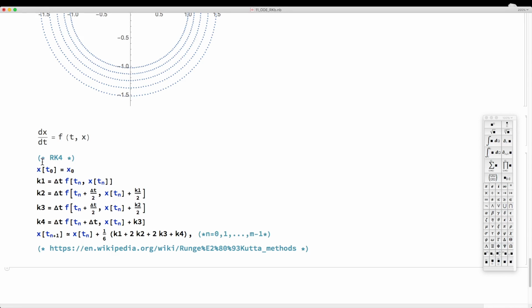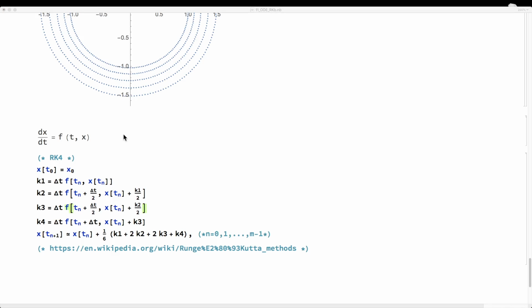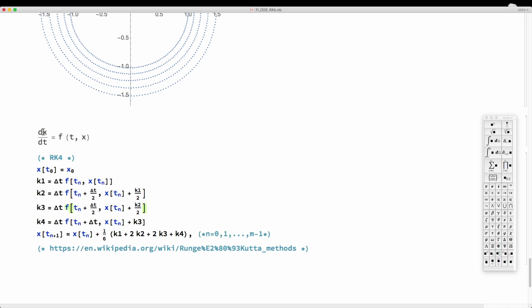If you want to look at a proof of this method, of how this is equivalent to a fourth order Taylor expansion, you can go to Wikipedia and look at the Runge-Kutta methods, and there's a proof there for the fourth order Runge-Kutta method. Now the way it's written here, it's written for a one parameter system.